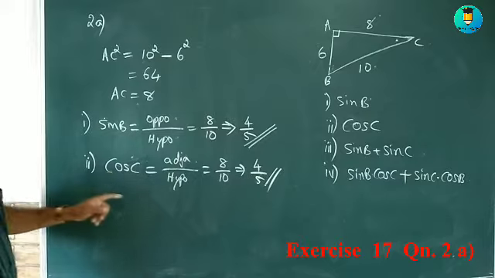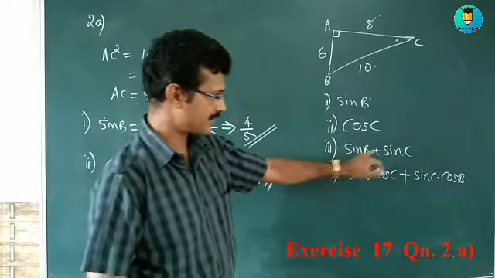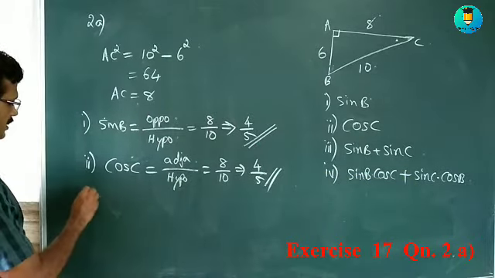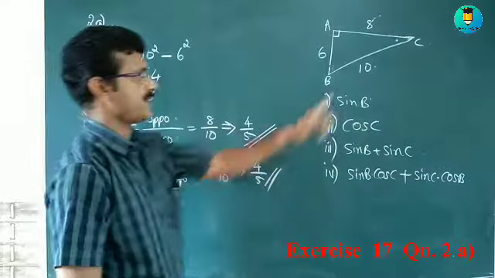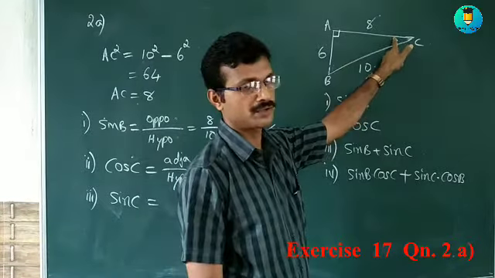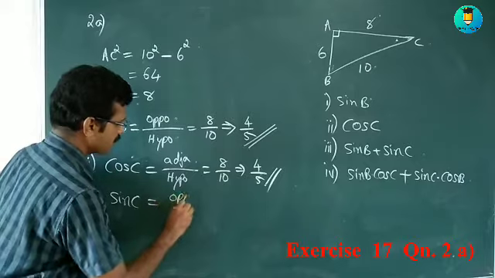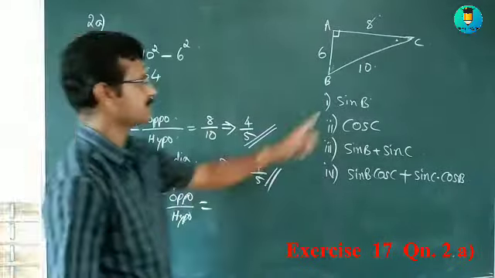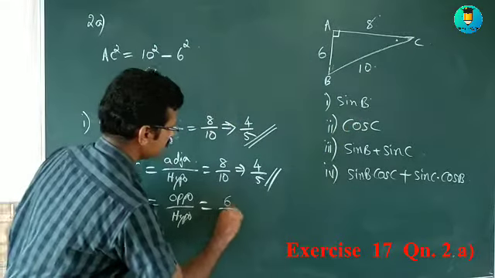Now we need the next one, sin B plus sin C. Sin B already calculated, now sin C we need. So first of all I am finding out sin C. This is the angle C. Sin theta, we have to memorize, we have to know the relation. Sin C is opposite by hypotenuse. So sin C with respect to C, opposite is 6 by 10.